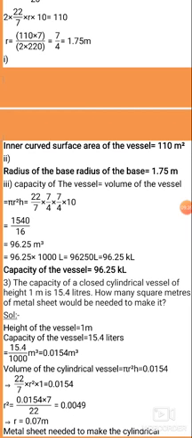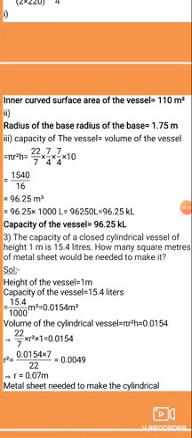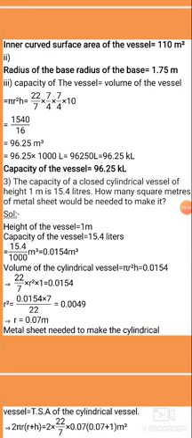Now next, you need to find out how many square meters of metal sheet would be needed to make it. The metal sheet means you need to make a closed cylindrical tank. So you need to find out its total surface area. What is the equation of total surface area? 2 pi r into h plus r. Now substitute all that. 2 into pi value 22 by 7, into radius 0.07, into r plus h, that is 0.07 plus 1.